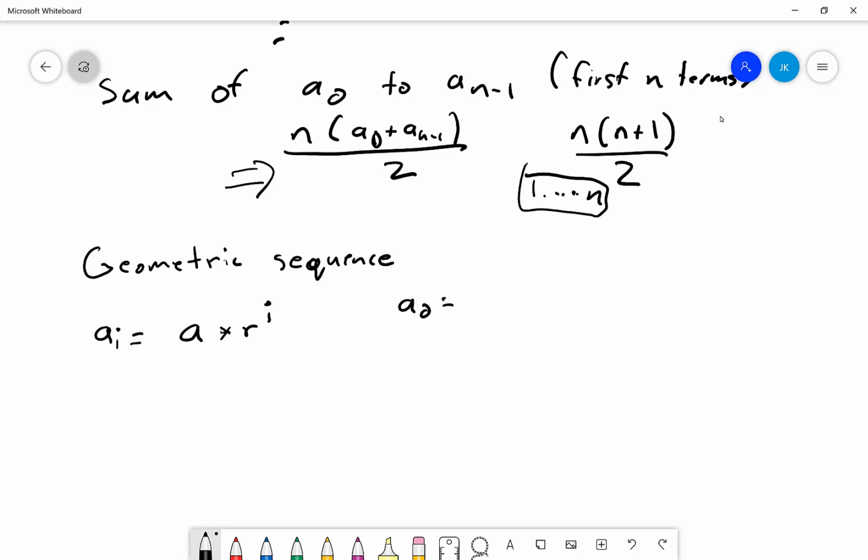So a0 would be a times r to the 0, or r to the 0 is 1, so this is just a. a1 is going to be a times r. a2 is a times r squared. a3 is a times r cubed, and so on. So a geometric sequence often comes up when you're applying some factor to something, you multiply it and so on.